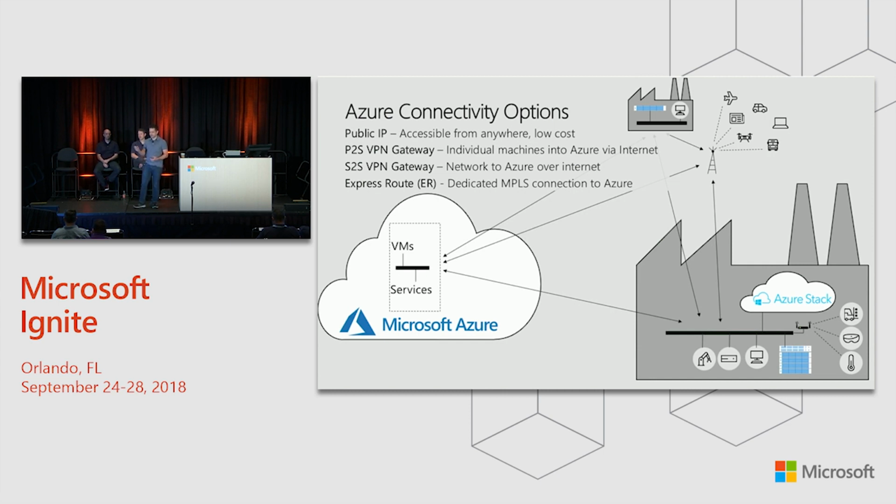So that's point-to-site, because it's a single machine connecting in. But if you have more than a few machines, if you have a whole site or a branch office with lots of machines that need to connect in, then you'd have to start thinking about site-to-site, because site-to-site gives you routed connectivity where you can connect as many as you want at one end, and it can route through over the internet into your Azure virtual network.